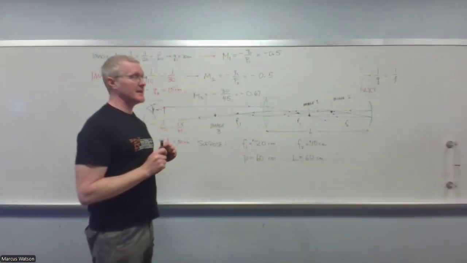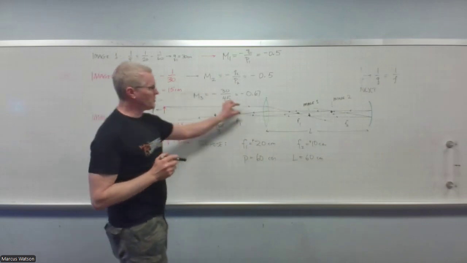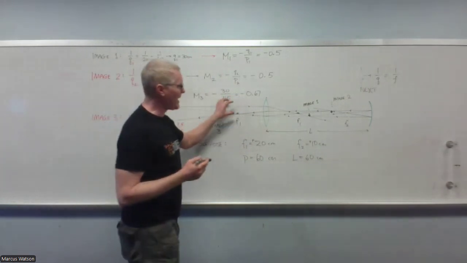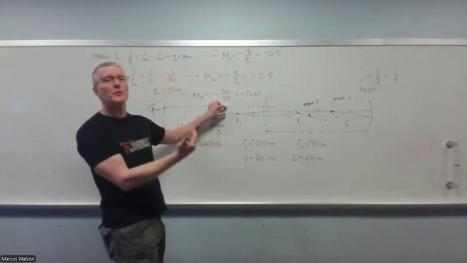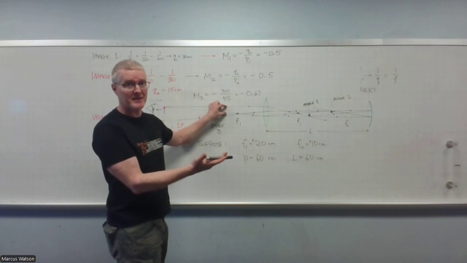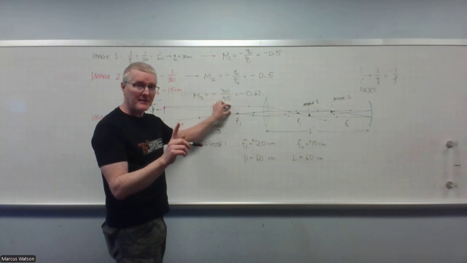The second thing I'm going to say is that while I took the object here and scooted it inside the focal point and it made a nice virtual image, well, what would happen if I took the object and I was really close to the focal point but still outside it? I should still get all the same image qualities that I would get when I had the object over here, but there's going to be one difference.